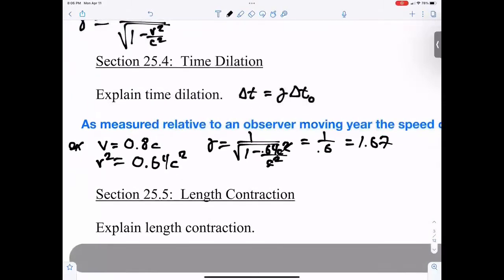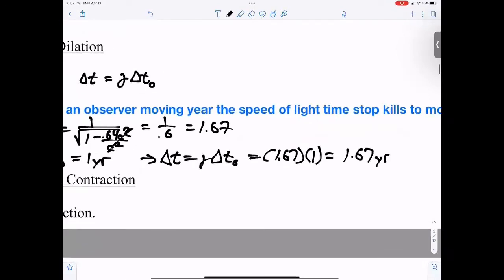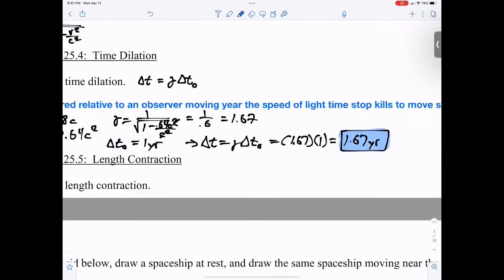And so if we looked at the time, let's say the time relative to an observer at rest is 1 year, that means for an observer traveling at 80% the speed of light, or 0.8 c, it would be gamma times this 1 year, or 1.67 times 1, or 1 2/3 of a year. In other words, time is going to appear longer to a person who is moving near the speed of light.